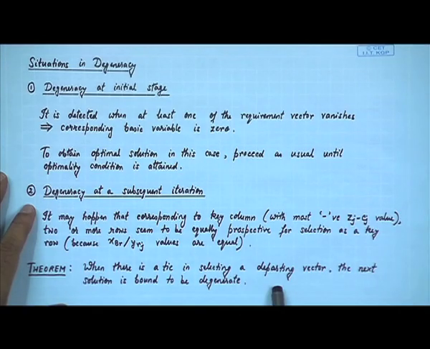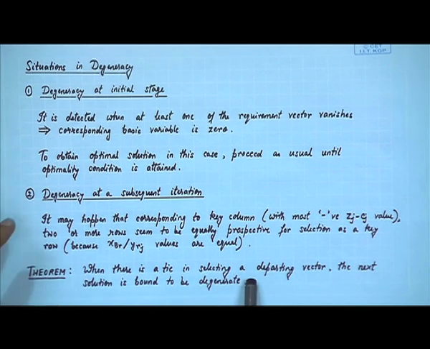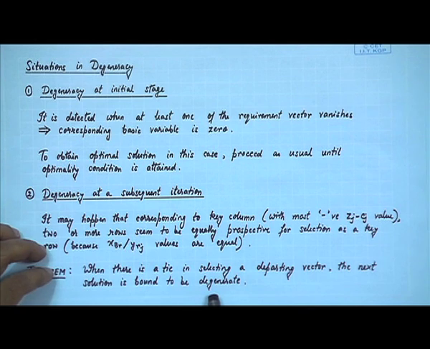There is a theorem with respect to this. When there is a tie in selecting a departing vector, the next solution is bound to be degenerate. A tie will occur whenever the values of the ratio are the same. So, whenever there is a tie in selecting a departing variable, then in the next iteration the solution will be degenerate. I have to find a method by which I can remove this degeneracy.